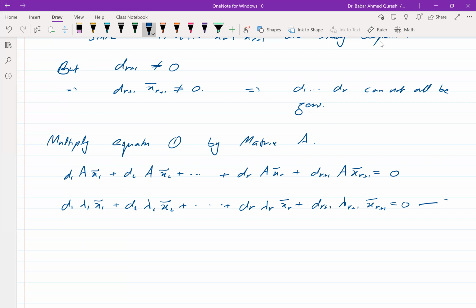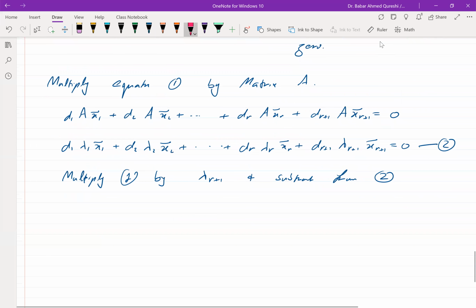Now I call it 2. Multiply 1 by lambda r plus 1 and subtract from 2. So what will I get? In 2, I have each term being multiplied with a different number, lambda 1, lambda 2, lambda r. But in 1, every term will be multiplied by lambda r plus 1.